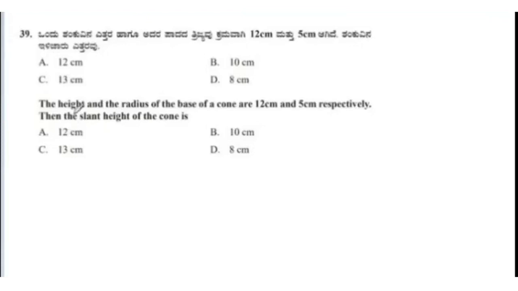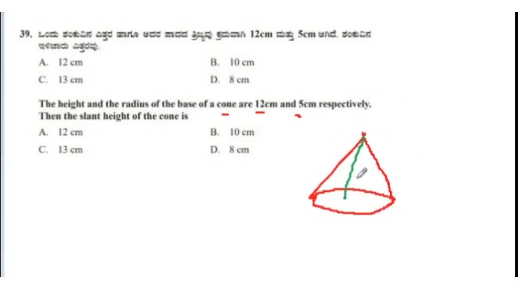39th question. The height and the radius of the base of a cone are 12 and 5 centimeters respectively. Then the slant height of the cone. For better understanding, I will draw the picture of a cone here. This is a cone, and the height of the cone is given as 12 centimeters, and the radius of the cone is given as 5 centimeters.